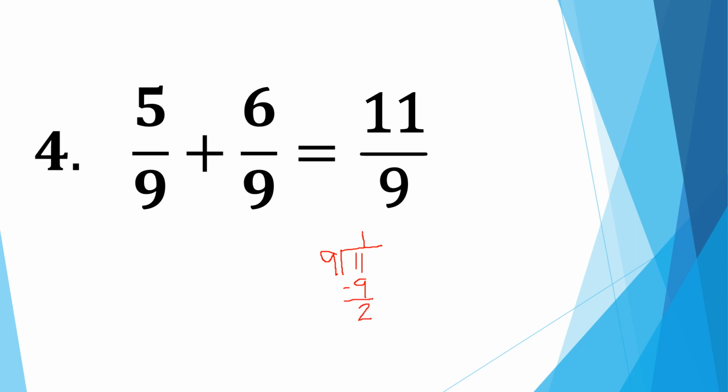The quotient 1 will be our whole number. Then the remainder 2 is the numerator. And the divisor 9 is the denominator. So 5 over 9 plus 6 over 9 is equal to 11 over 9, or 1 and 2 over 9.